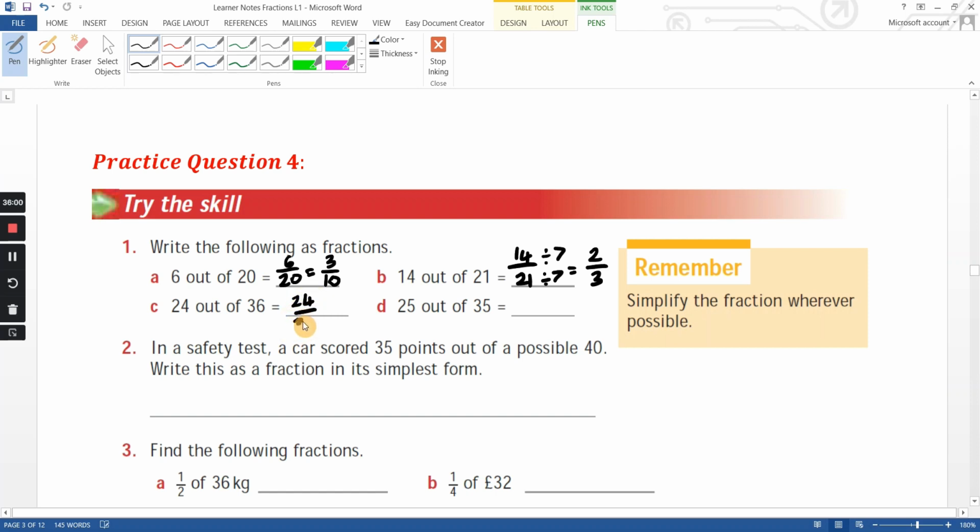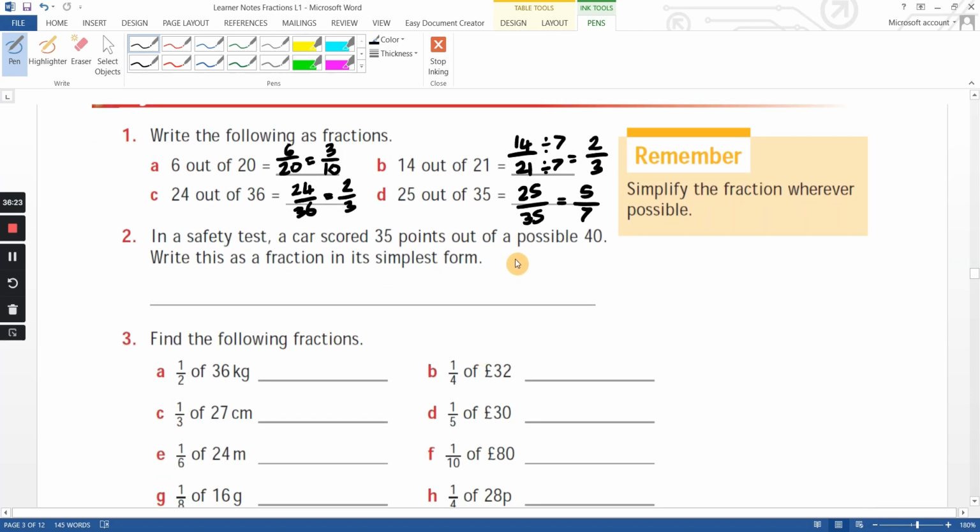24 out of 36 is the same as, well, 12 goes into both of these, 2/3, and 25 out of 35, 5 goes into both of these, 5/7. It's your simplified answer.